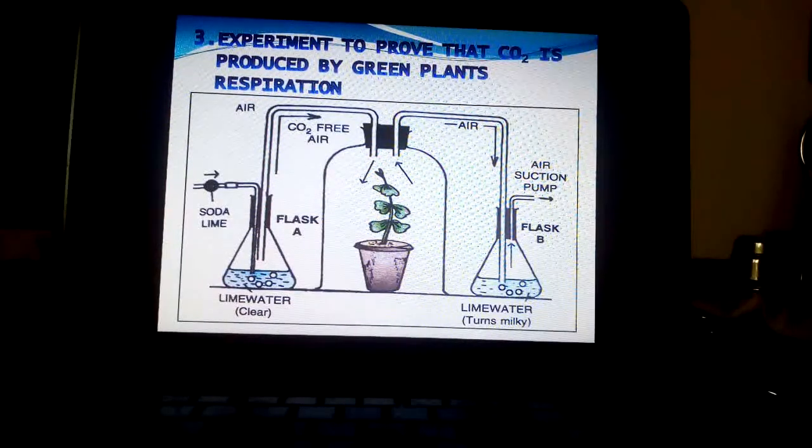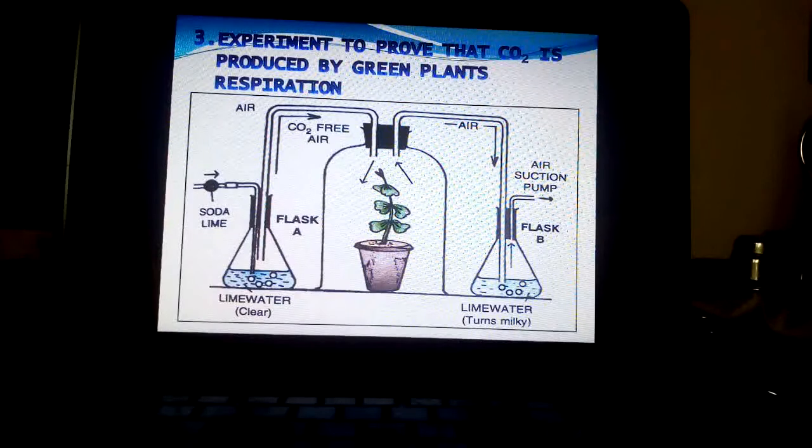Before going for the third experiment, we will just discuss 2 to 3 questions. Why is potassium hydroxide solution taken in flask A? And the next give reason is, why is lime water taken in B? Got it? And the third give reason is, why is lime water taken in flask D?